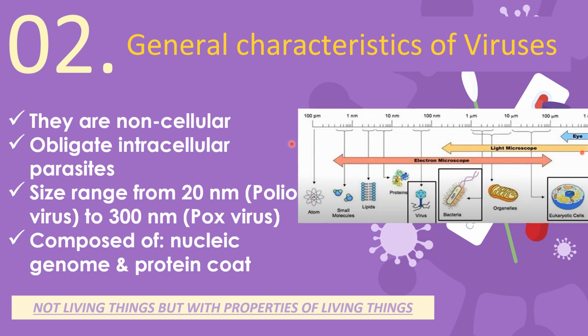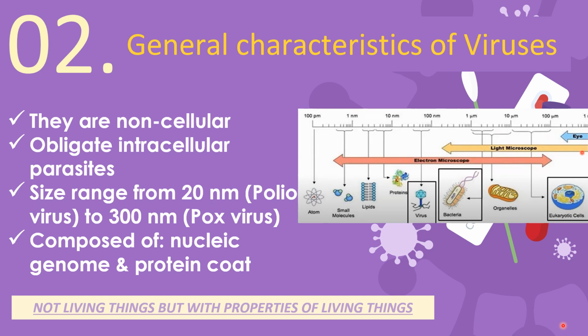And that's why earlier I have mentioned that these viruses are relatively small, that they are only seen using an electron microscope. So their composition is made up of a nucleic genome, either DNA or RNA, and also a protein coat which is called capsid.